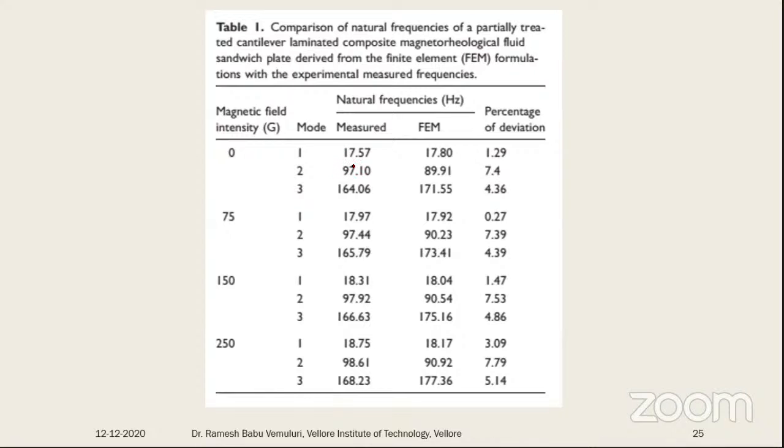So here is the measured natural frequency from the experiment, and this is from the analytical simulation. After the composite ABD matrix generation, there are energy equations. To these energy equations we can apply various finite element formulation techniques, based on the number of nodes and which element we have taken.